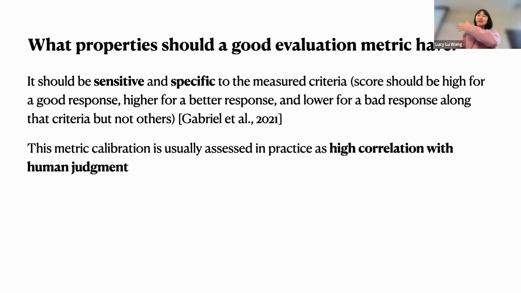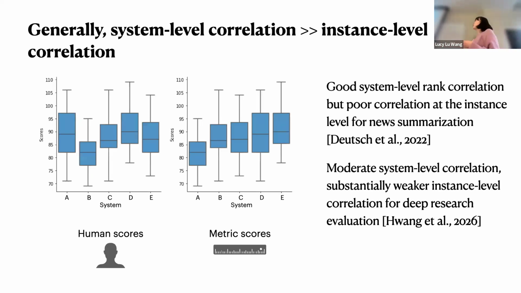And the current practices, I would say, generally do lead to these system level correlations. So if we collect, let's say, 200 human judgments, we do correlation with LLM judges, and we get maybe reasonable system level correlation.